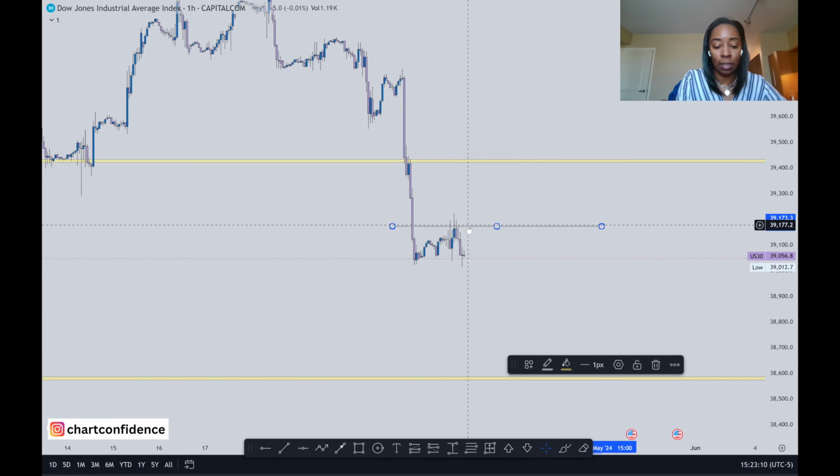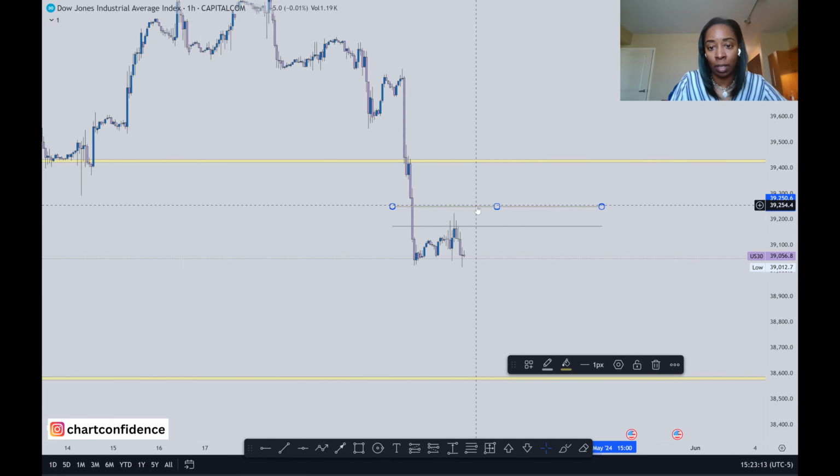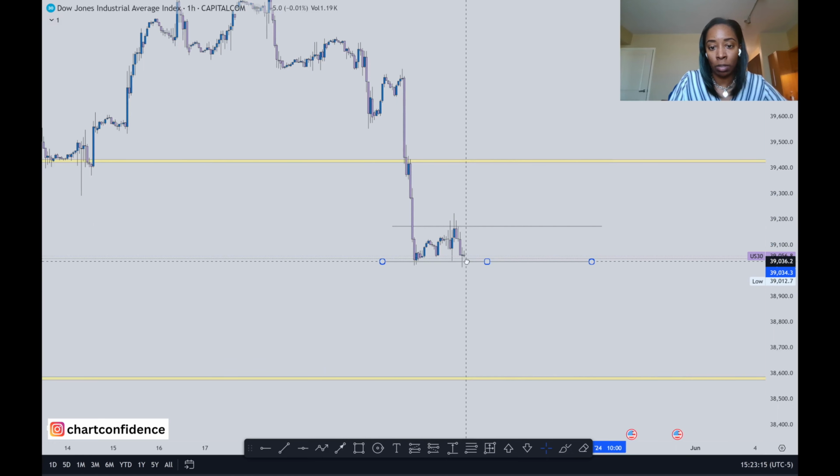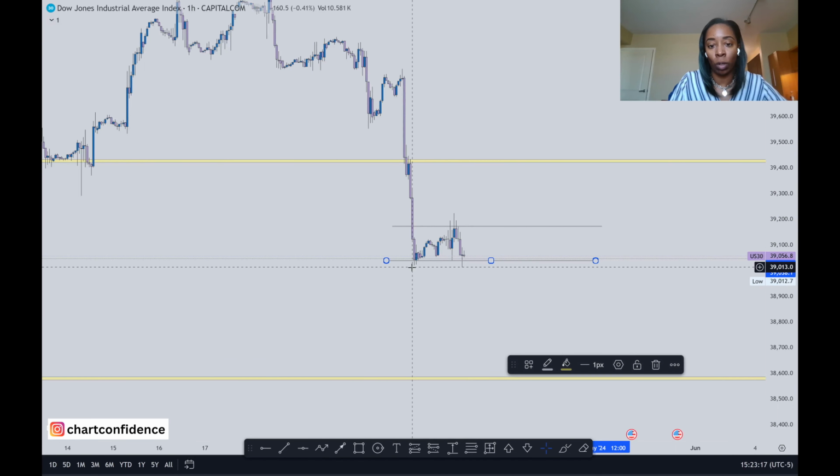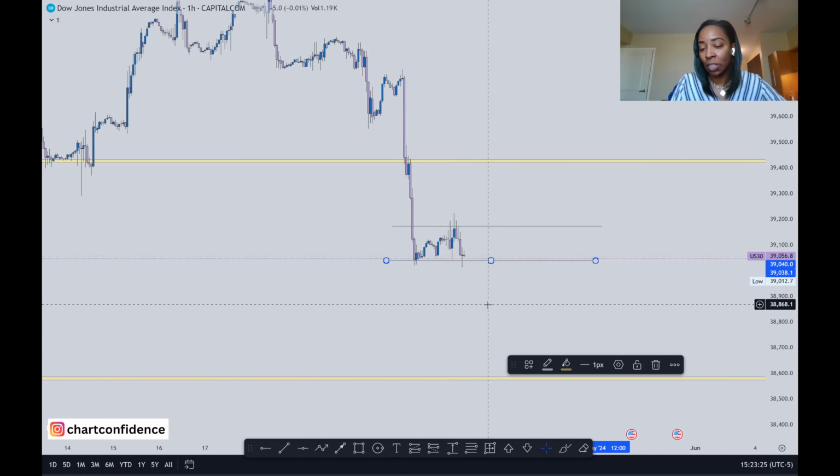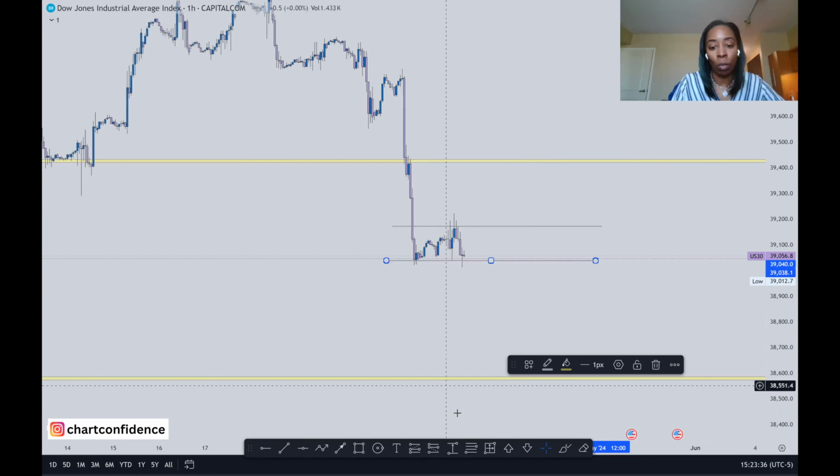So I want to take this line and actually copy it because the same thing happened on the bottom side of this, where basically we formed support, price tried to go down but it could not. So that level is right around 39,040, so really close to 39,000 flat.